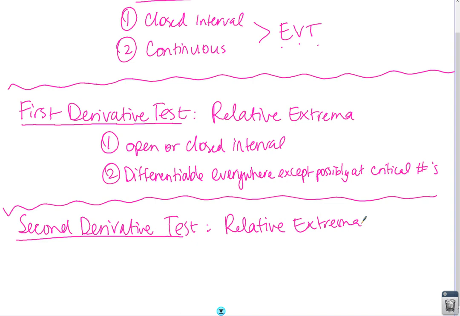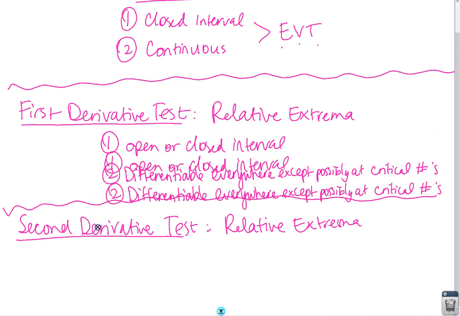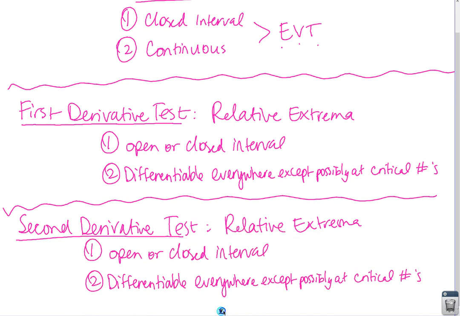The exact same rules apply. Okay, so those are the tests.